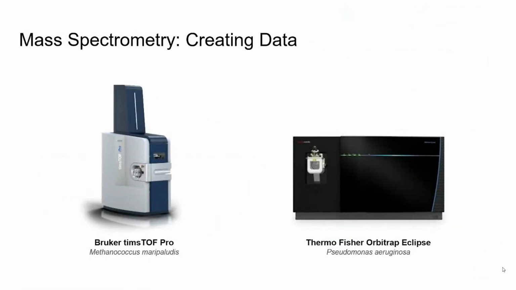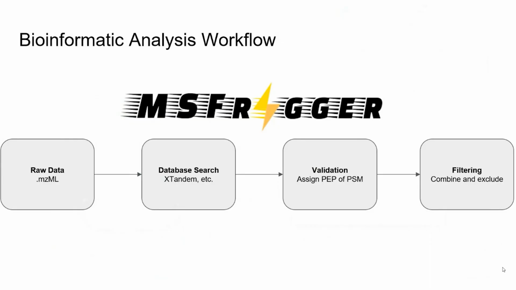The specific machines we used for our mass spec were the timsTOF Pro for the Methanococcus and the Thermo Fisher Orbitrap Eclipse for the Pseudomonas. This is our very simplified bioinformatic analysis, where you take raw data and convert it to mzML, put it through database searches using X!Tandem and MSFragger, as well as another.